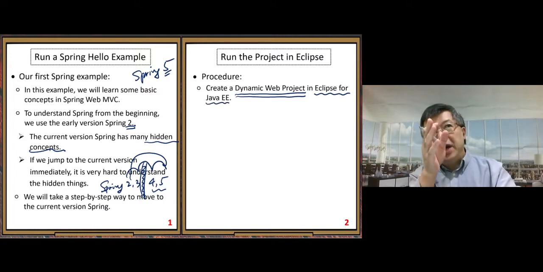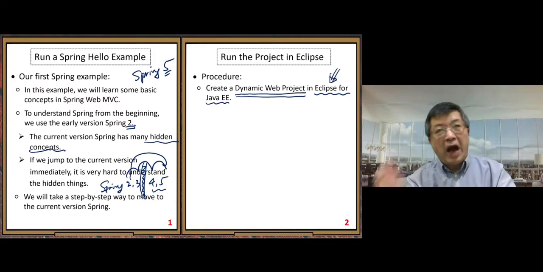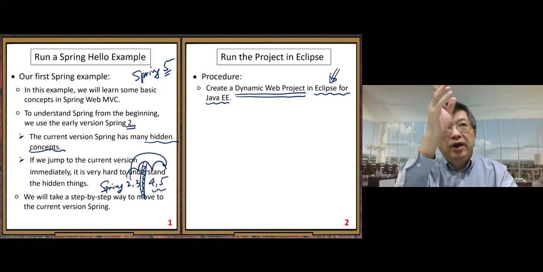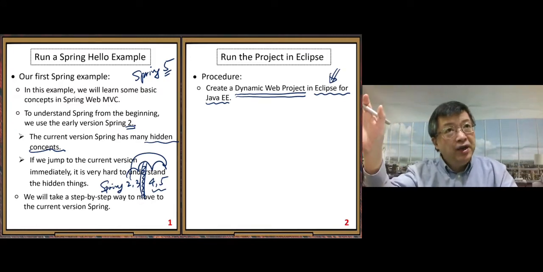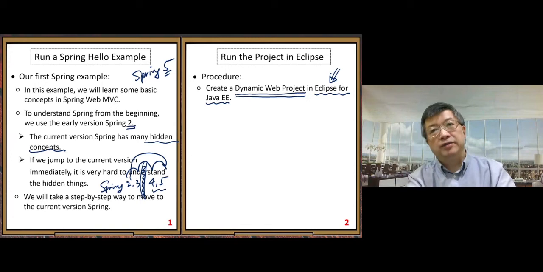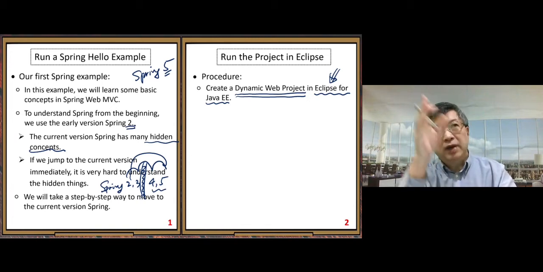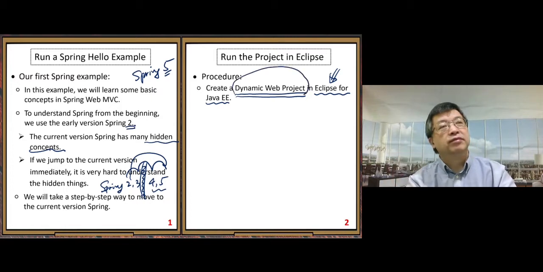In our Wednesday synchronous session, I will guide you to install Eclipse for Java EE and configure it with Tomcat. We need a Tomcat. Then we need to create a dynamic web project.